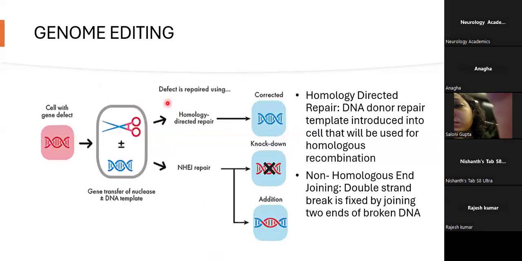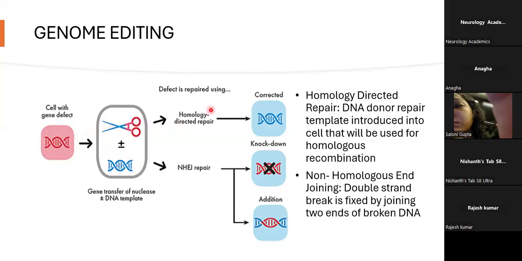Another method is genome editing. Here, what is transferred is a nuclease along with the DNA template. This nuclease splices the DNA strand at positions of mutation, and the DNA template further corrects the genetic mutation.